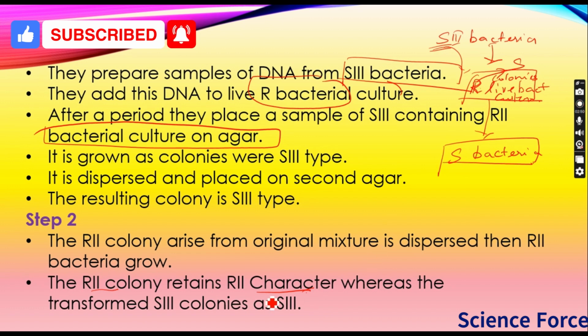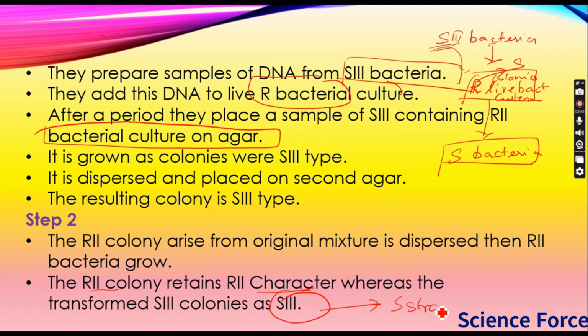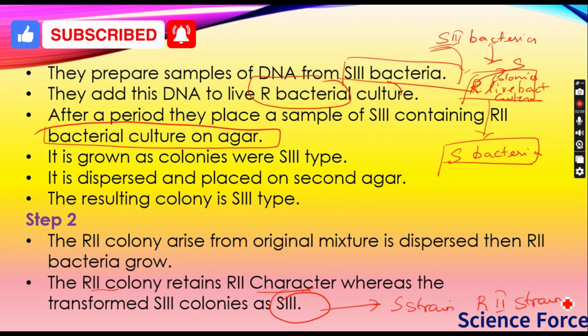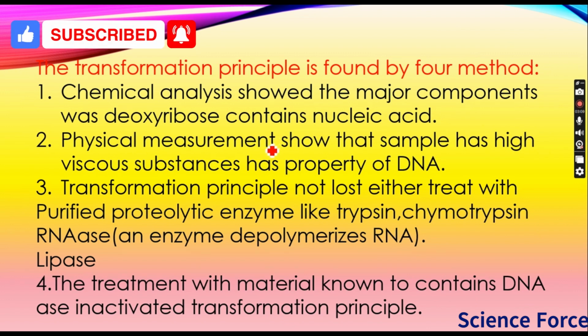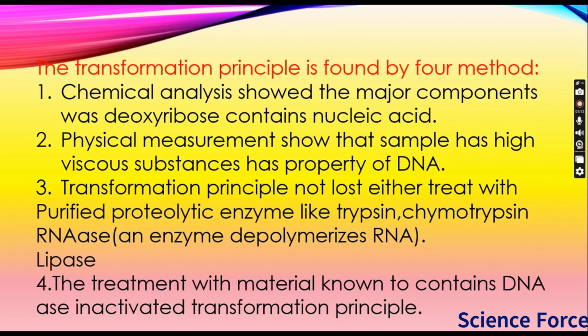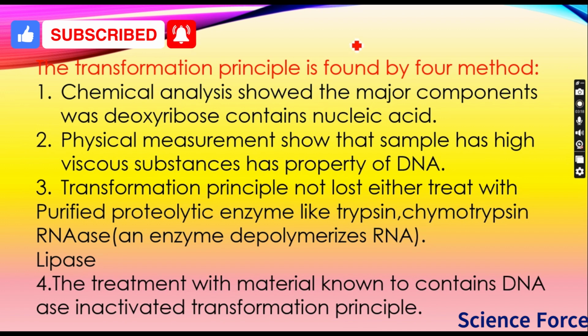When the S strain bacteria are introduced into the rough strain bacteria, it causes the transformation of rough strain into S strain. So here the transformation is not from a live source, it is done by an in vitro process in the cultures.